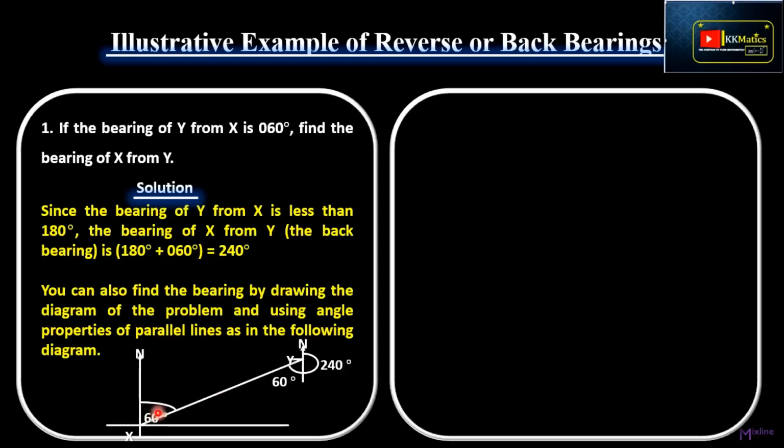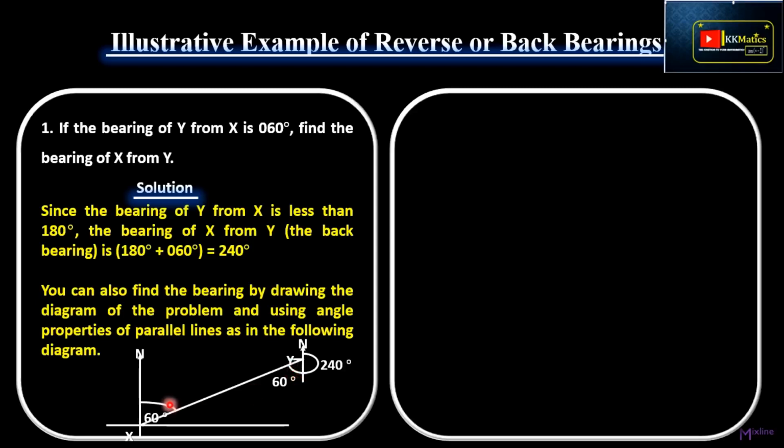And if we were to draw this line and draw the cardinal points here, we know that this will lie in the third quadrant. So we know already that this is a three-figure bearing, so it's measured clockwise. So that means that it lies in between 180 degrees and 270 degrees. So we'll have to add 180 degrees to the 60 degrees.